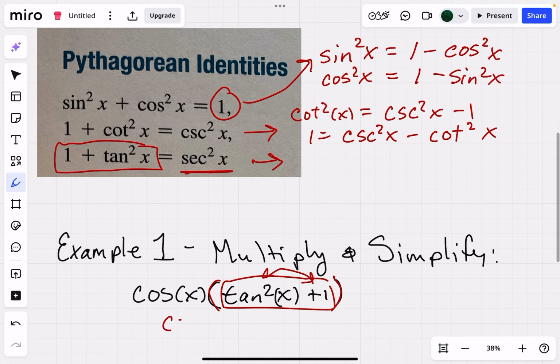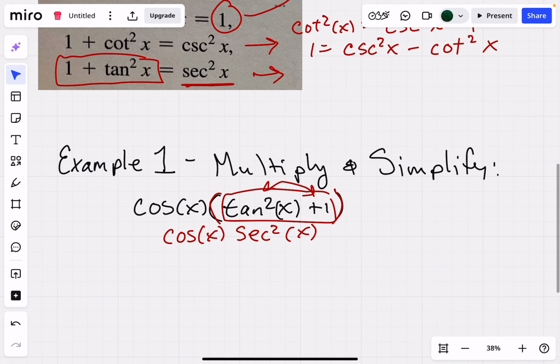So I have cosine of x actually times secant squared of x. If you look at your basic trig identities, you know that the secant is just the reciprocal of cosine. So temporarily, let's change it again. And we're still multiplying here. But now I'll have cosine squared of x in the denominator.